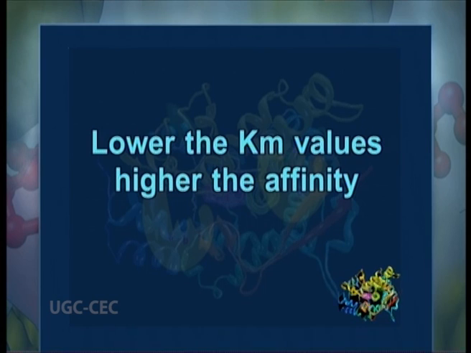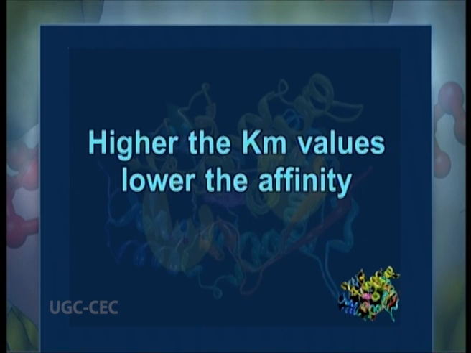It is defined as the substrate concentration at which a given enzyme yields one half of its maximum velocity, V by 2 equals Km. The value of Km is important in finding out the affinity of enzymes for the substrate. The lower the Km value, the higher the affinity. The higher the Km value, the lower the affinity. This relates the relationship between substrate and enzymes.